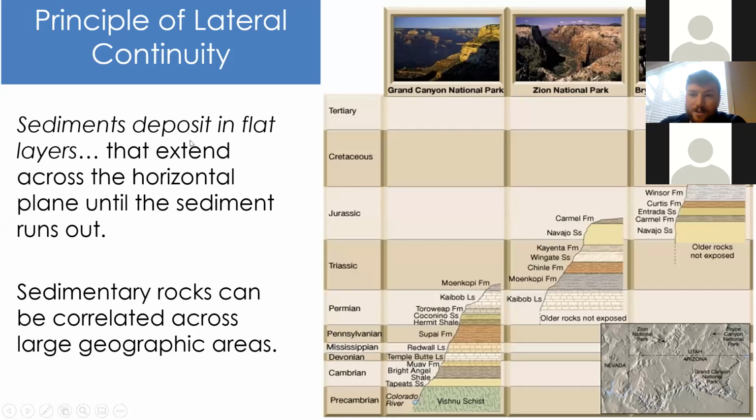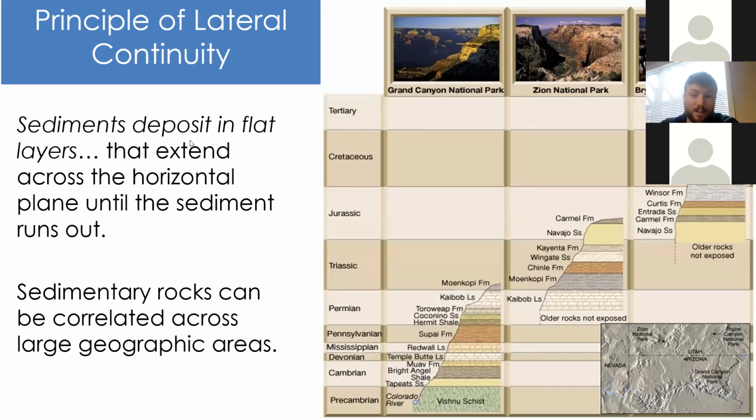Because all of these layers deposit in flat, lateral, continuous layers, and these layers are very large, we can actually correlate rocks from 3 of the largest canyons in America. So Grand Canyon, Zion, and Bryce. Grand Canyon is in Arizona, Bryce and Zion are in Utah. Covers a very, very large area.